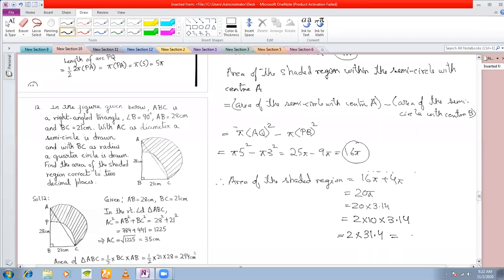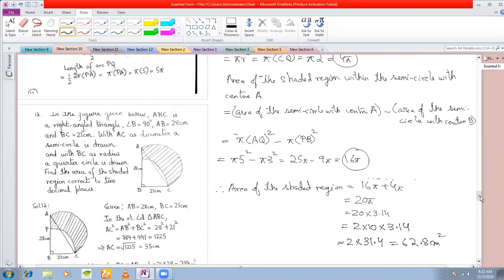So this is 62.8 centimeter square. Okay. So this was this problem here.